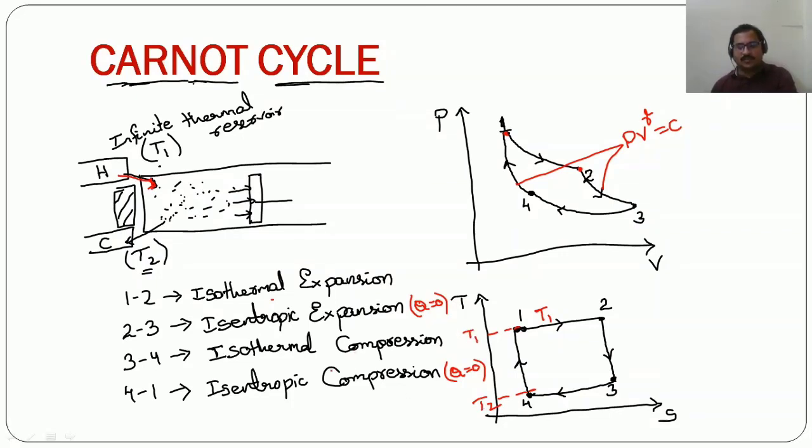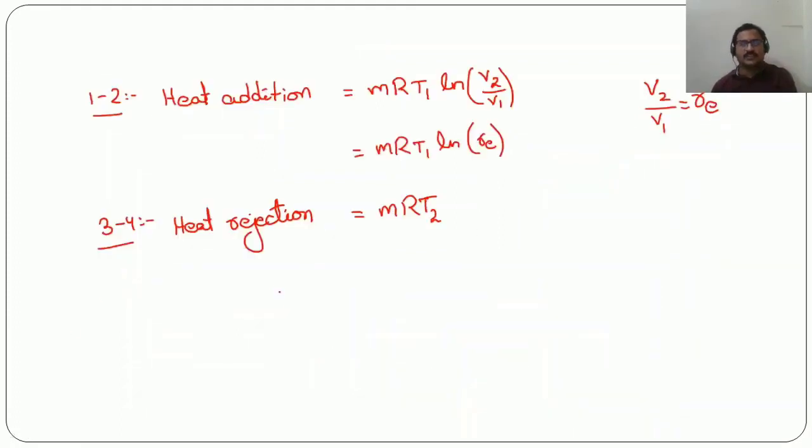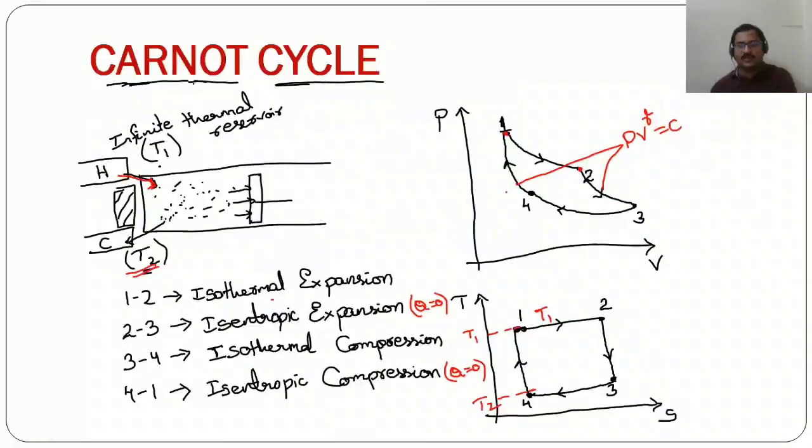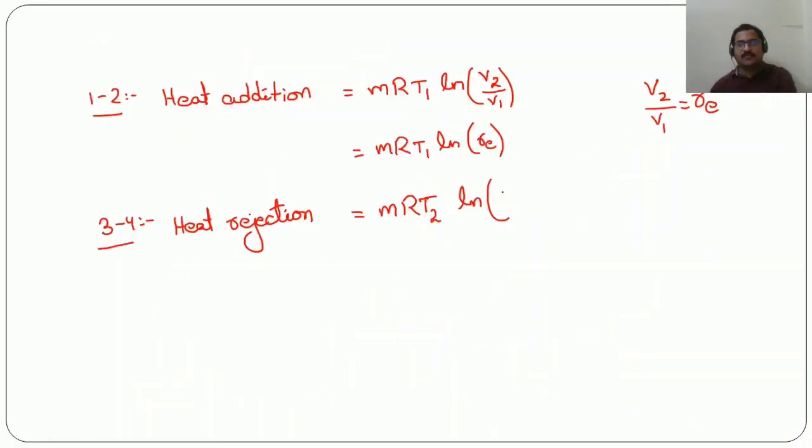So during process 3 to 4 at temperature T2, heat rejection is taking place to the cold object. So therefore we are writing MRT2 ln. So process 3 to 4 is compression here. Now we need to write V3 by V4 as the compression ratio. So V3 by V4 is the compression ratio here.